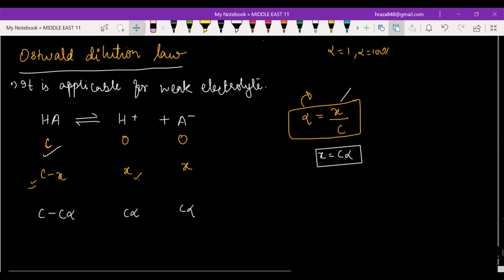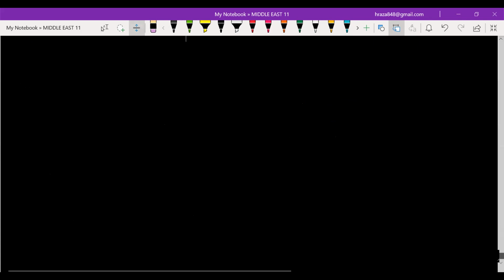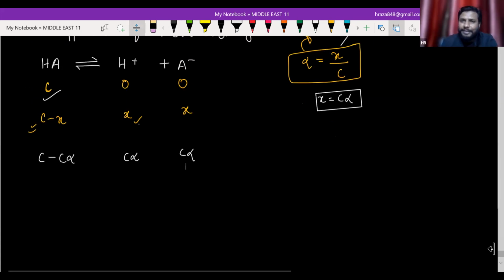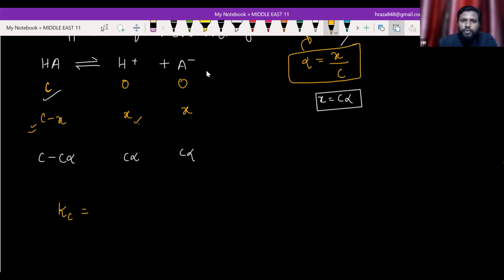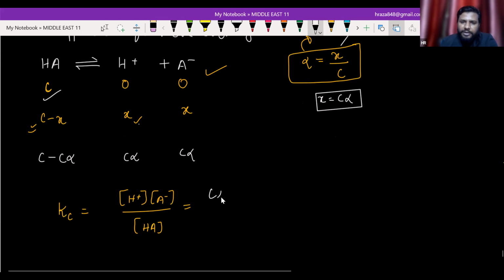Now I am going to write the value of Kc, like we did in chemical equilibrium. Kc equals, for this reaction, H plus into A minus upon HA. Putting the values, H plus is C alpha, A minus is C alpha, upon C minus C alpha.